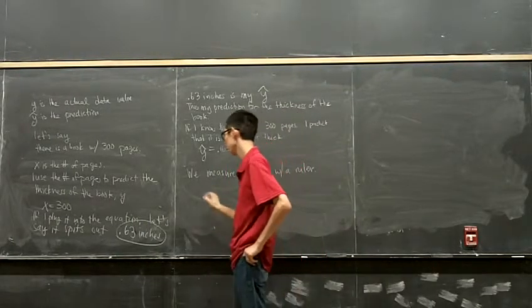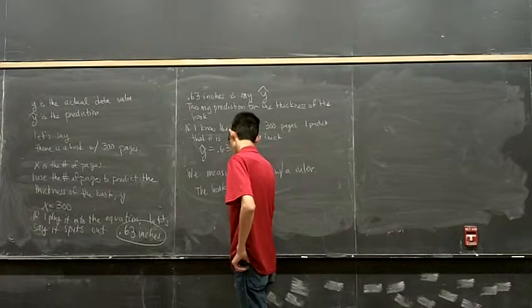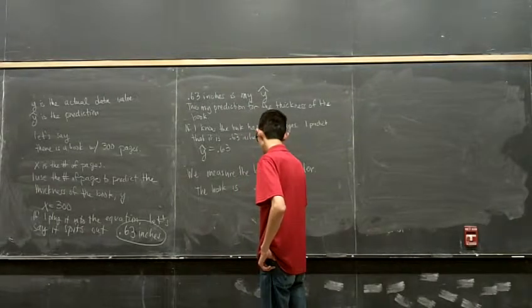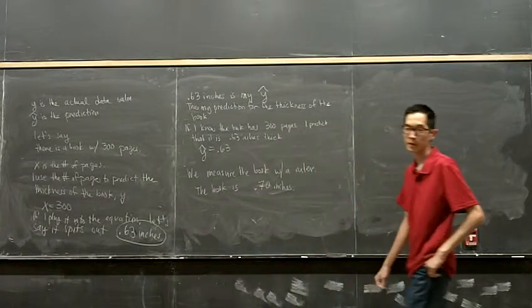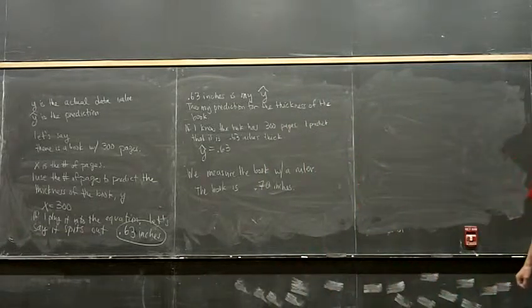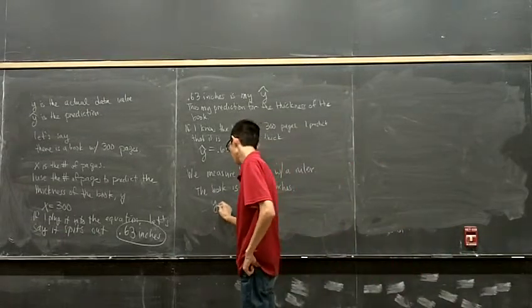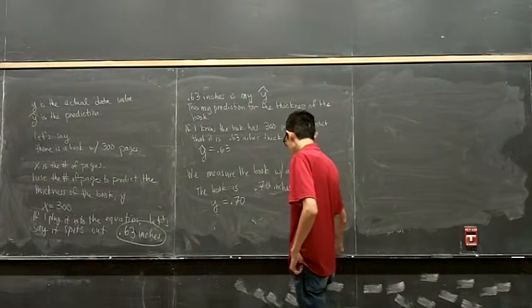Okay, and the book is 0.70 inches. Alright. So y, the actual data point, y is equal to 0.70.